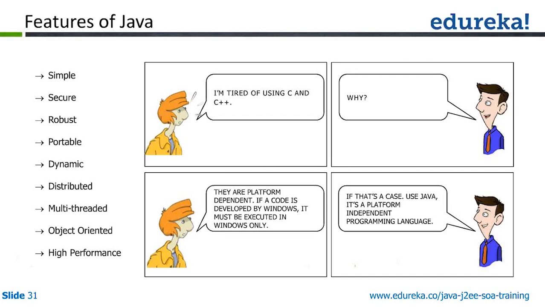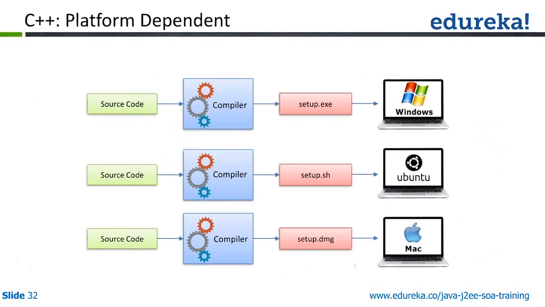Java, from the very start, is a community-driven open source language, and the intention was it could be used on any operating system. I'll come to each of the features separately in different slides.